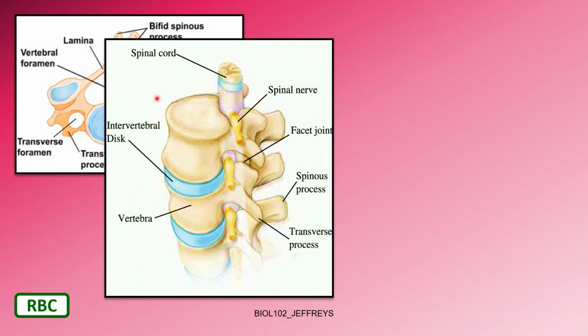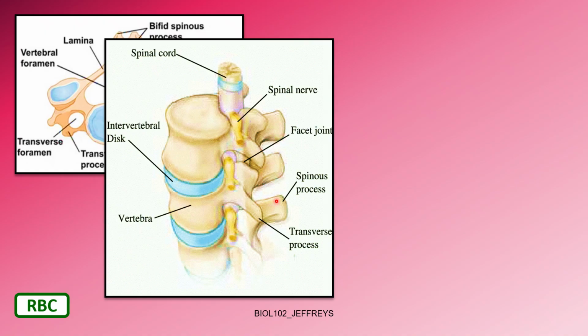So if we look at several together, we can also see the intervertebral disc here and here. You can see the spinous processes here. The spinal cord travels down through the vertebral foramen. And so this is on the interior of the body. This is towards the exterior, towards the dorsum.